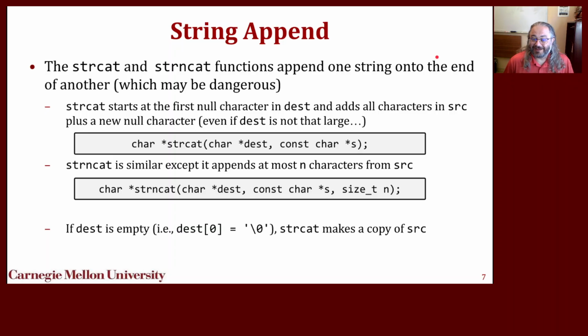So even if my destination's space is not large enough, strcat will happily write well past the end of that array to concatenate one string onto the other. So this is not a safe function. This is not a safe implementation. It can cause buffer overflows and problems like buffer overflows.